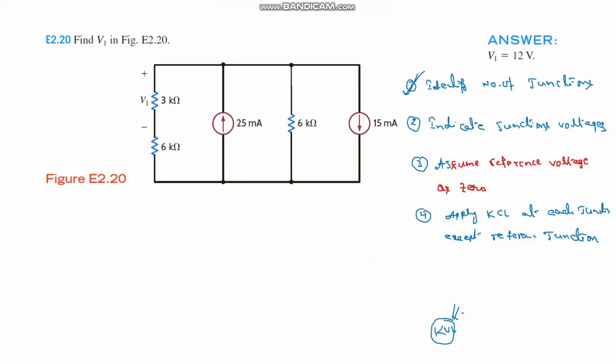Then we can easily identify what a junction is, what a node is, and the difference between these two. A node is a connecting point where two elements are connected together.